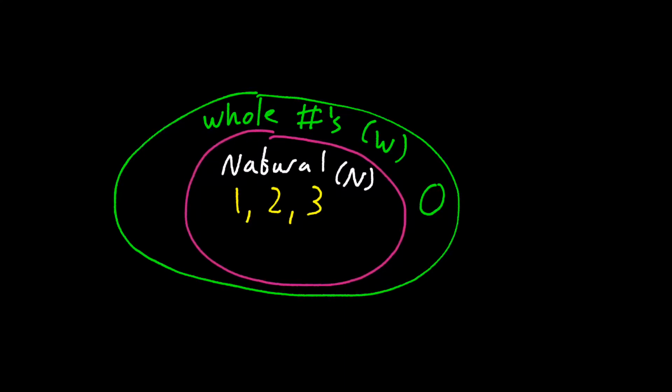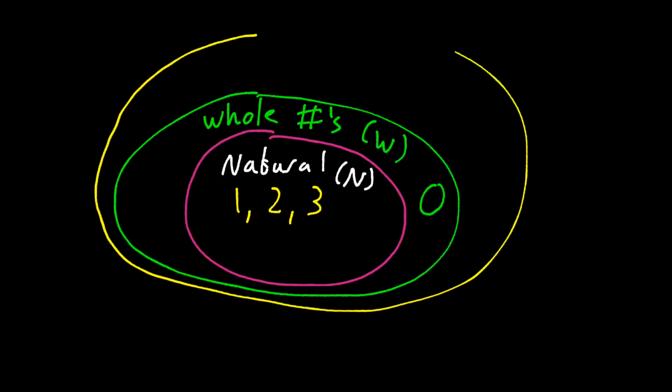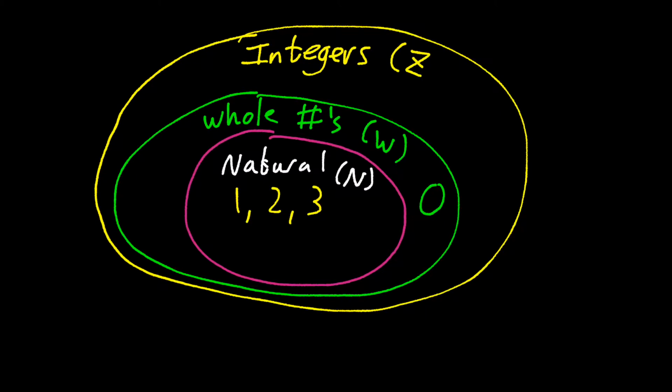Now the next category up that envelops all of these as well, but adds more to it, is our integers, which is denoted with the letter Z. I don't know why they used Z, but they did.